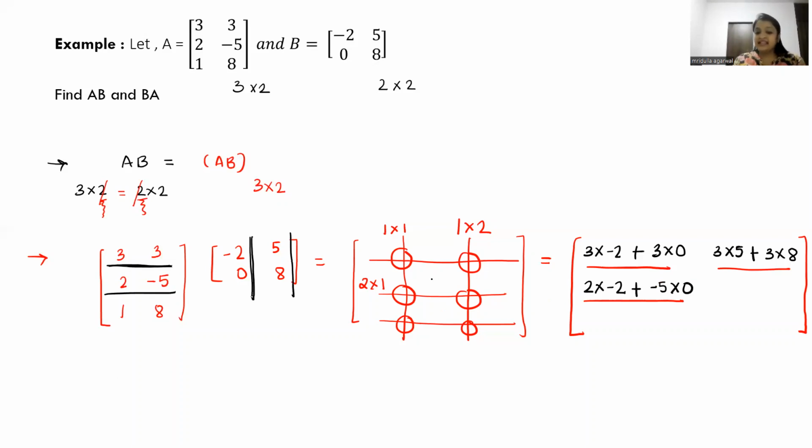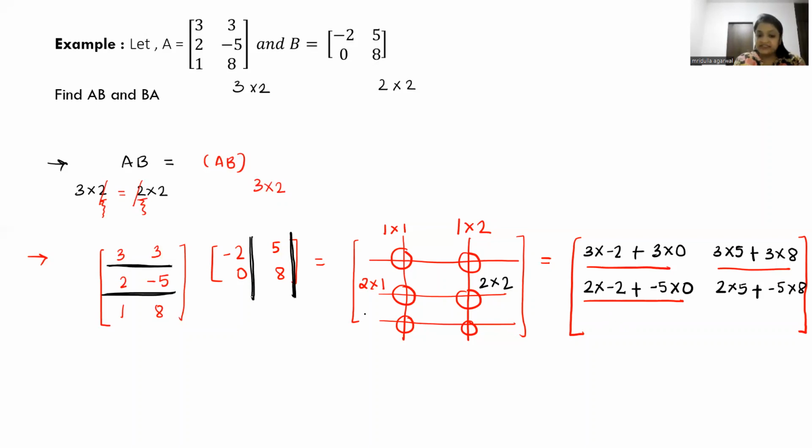The next one is second row, second column. So first with first, that is 2 into 5 plus -5 into 8.